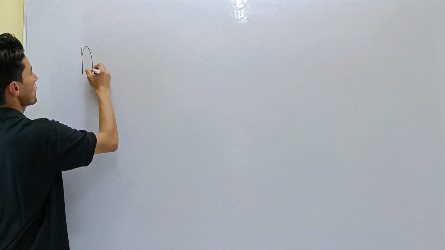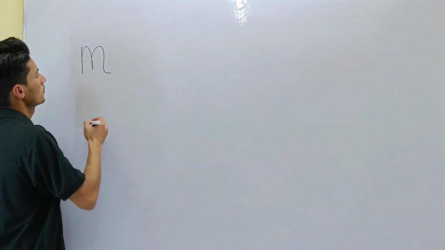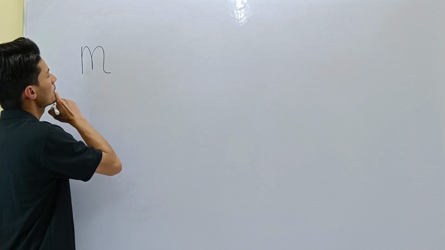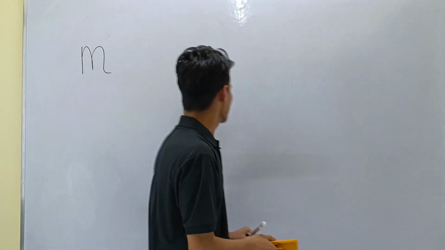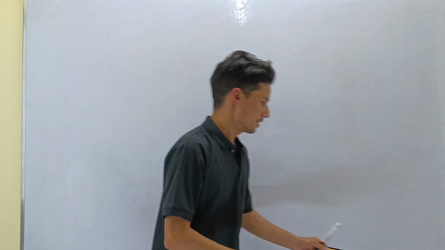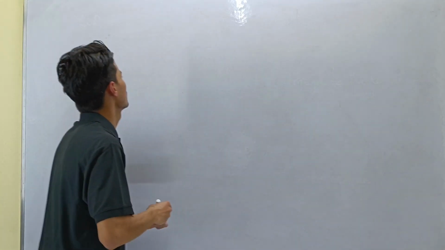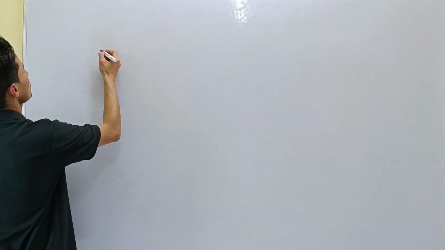Now let us start. Magnification M. Let me write a little bigger here, M. Let us first start with a proper case. So let me erase this again. Now let us draw ray diagrams.